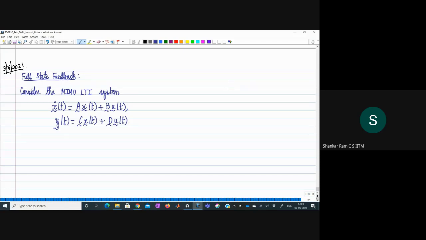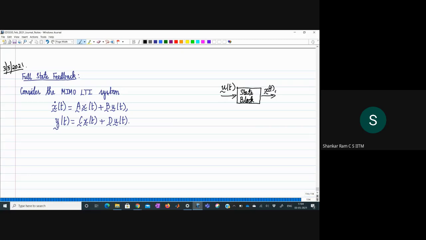So what we have is the following. If we draw a very rudimentary block diagram representation of the system, let us say we have a state block to which we provide the input u of t. The state block essentially takes in the initial state and also the input to give us the state vector x of t.